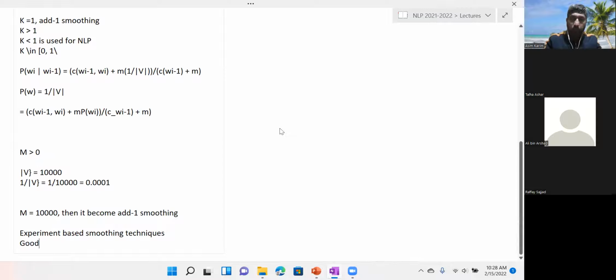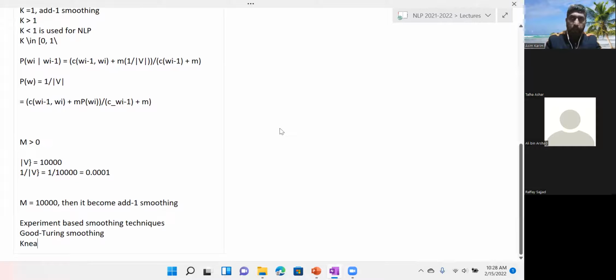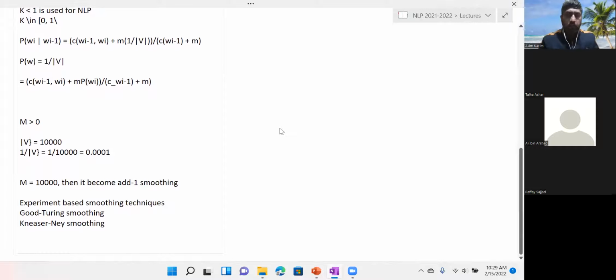One is called Good-Turing smoothing, and the other is Kneser-Ney smoothing. Kneser-Ney smoothing is the one that is most commonly used in practice nowadays, and it builds upon the idea of Good-Turing. So let's start with Good-Turing. The Good-Turing idea is based on a simple observation.